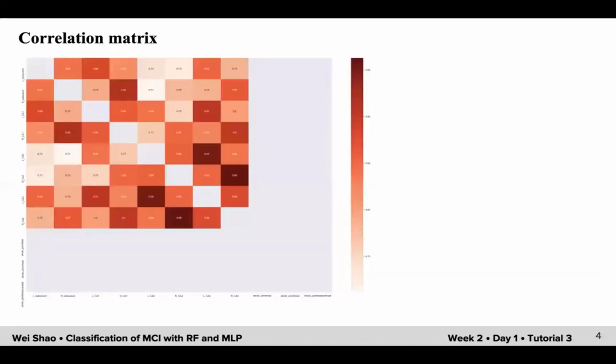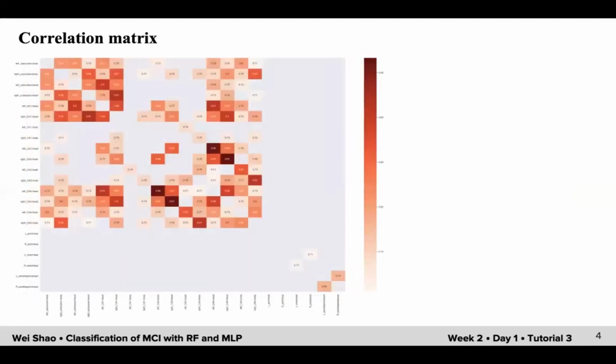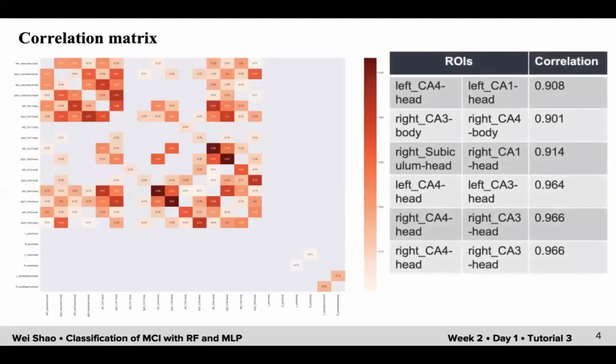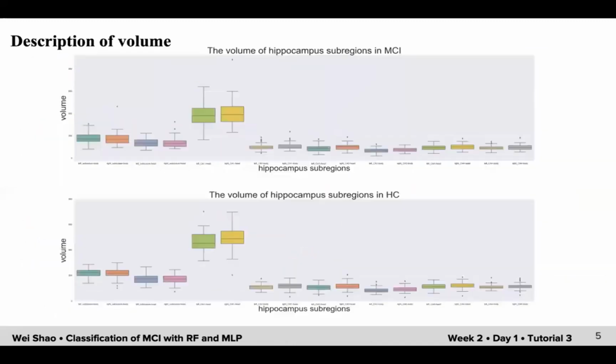Okay, let's see the correlation matrix. You might notice that there are no highly correlated ROIs in the MTL, but there is some high correlation within the hippocampus, especially CA4, CA3, and the subiculum. They are highly correlated with each other.